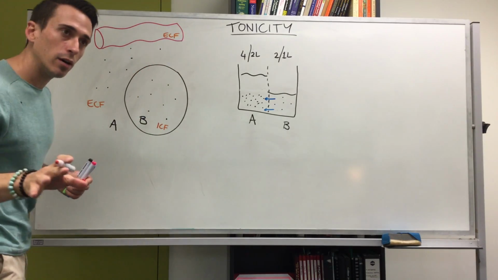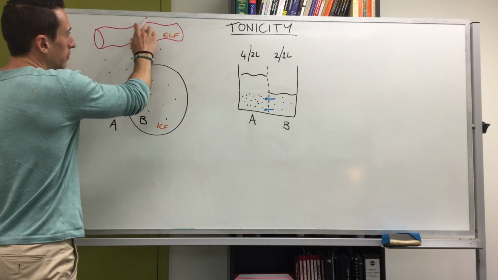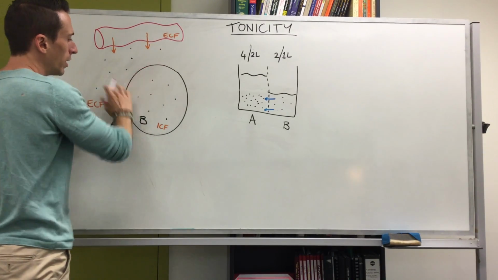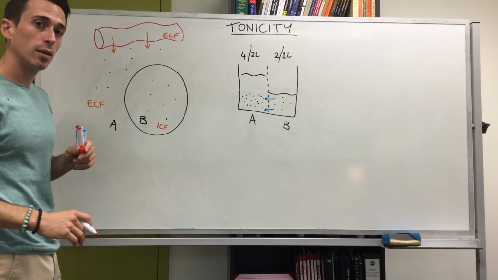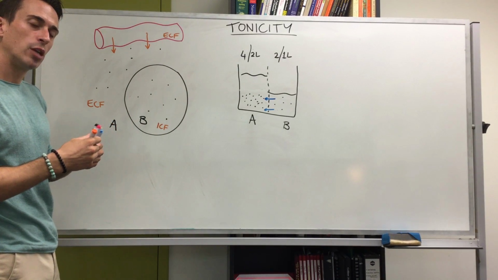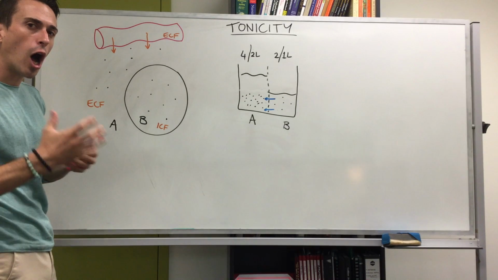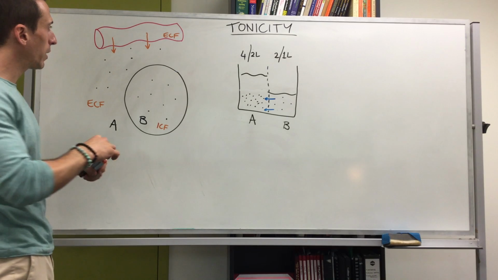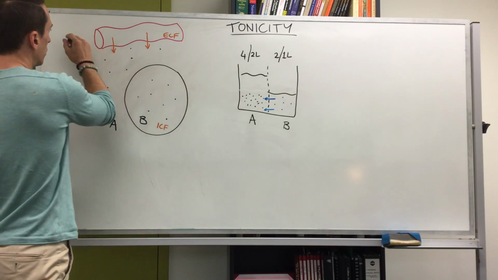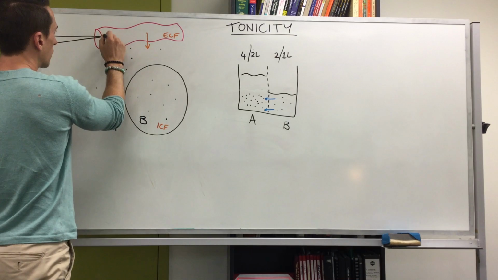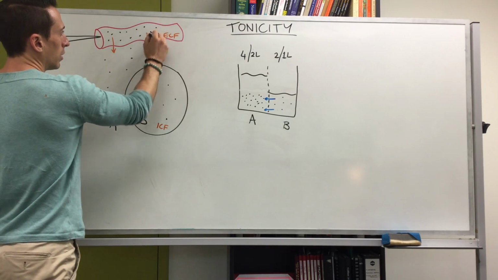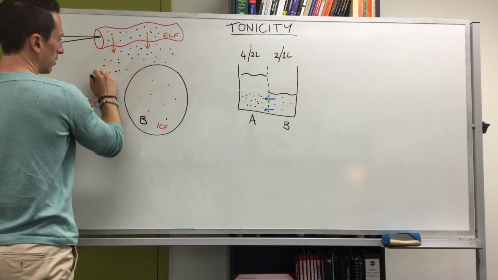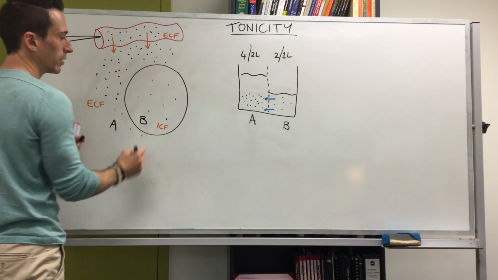Which means whatever you put into your blood is going to be exchanged out into the extracellular fluid surrounding the cell. Okay? So if you were to introduce intravenously into a patient a high concentration of sodium chloride, so salt, all these particles that you're introducing are going to leave the blood vessel and come out into this extracellular fluid surrounding the cell.